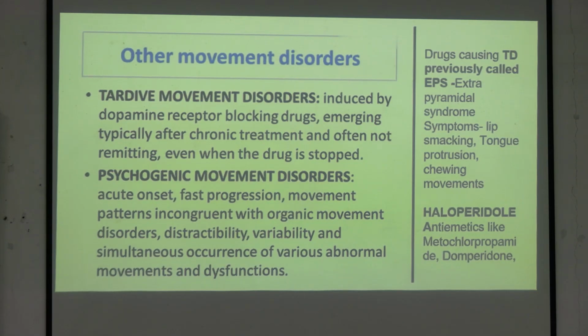Now they are using levosulpiride. Levosulpiride is very notorious, sometimes this type of tardive dyskinesia is very persistent with levosulpiride. So there is smacking, tongue protrusion, chewing movements like this.